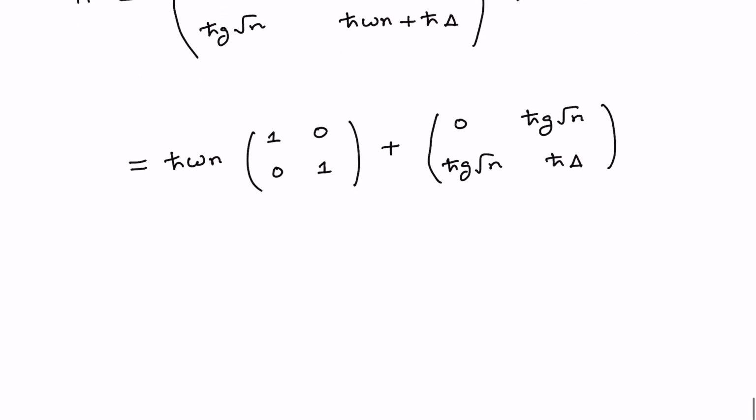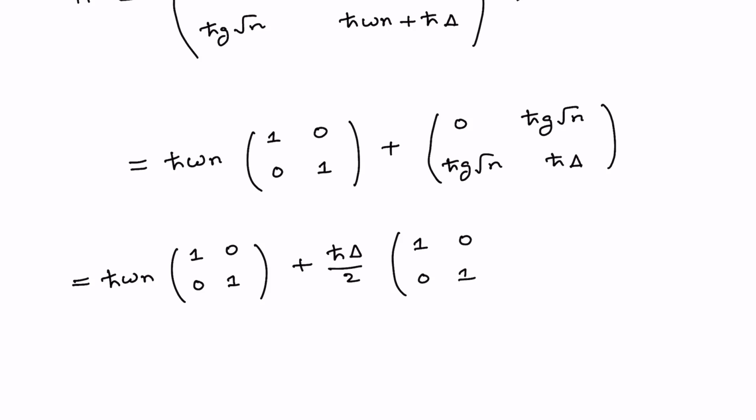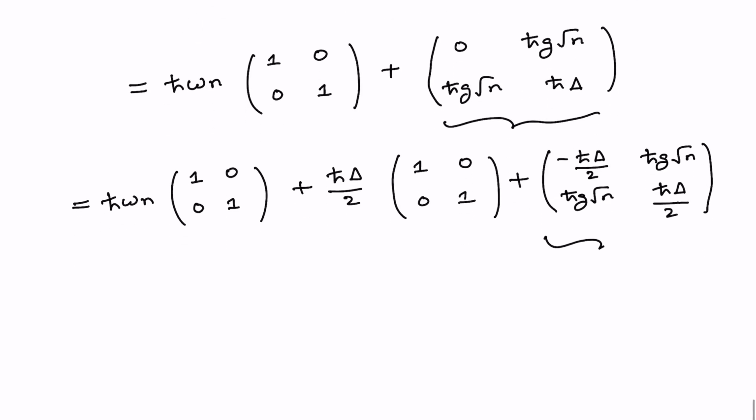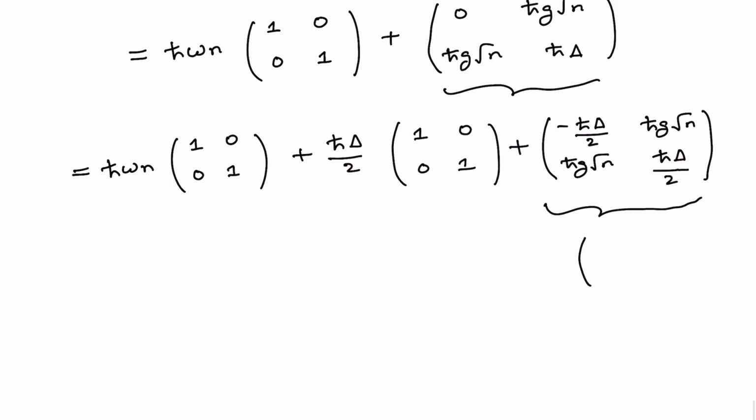This I can further write: the first term remains as it is, h bar omega n times identity. The second term I can write as h bar delta by 2 times identity, and from the last part I have to add a matrix so that I get the second term in the Hamiltonian: h bar g root n, h bar g square root of n, and here h bar delta by 2, with the sign flipped on the diagonal.